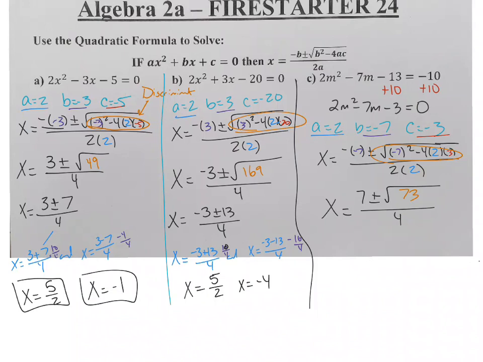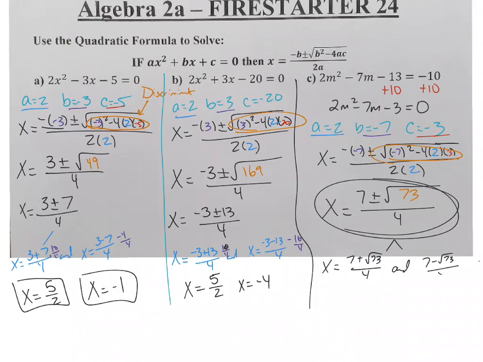Now, 73 is prime, so this is our final answer. Nothing can be broken down. We are done here. I will accept that as a great answer. If you really wanted to, which you do not need to, you could still write this as two answers. You could say 7 plus radical 73 all over 4 and 7 minus radical 73 all over 4. All right, that's it.